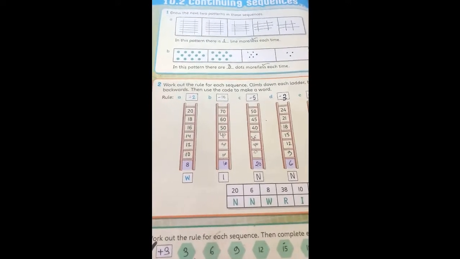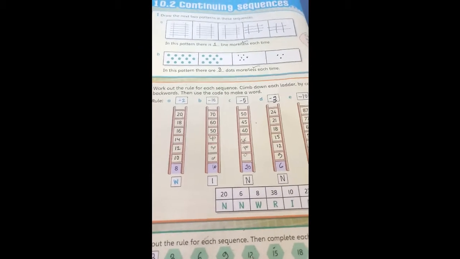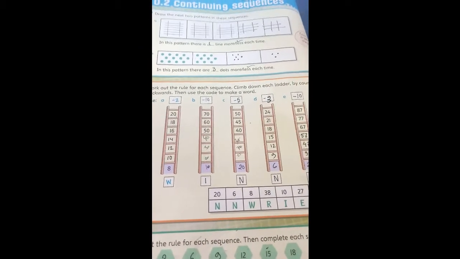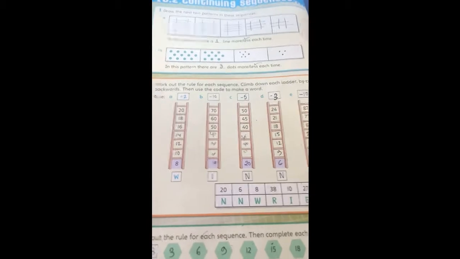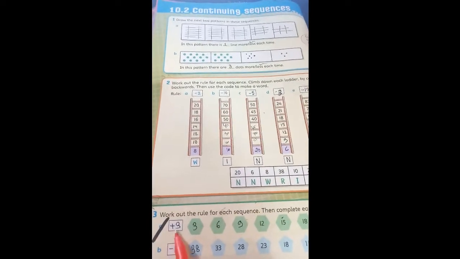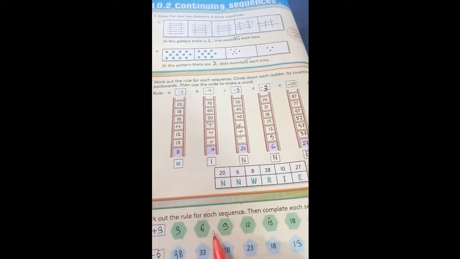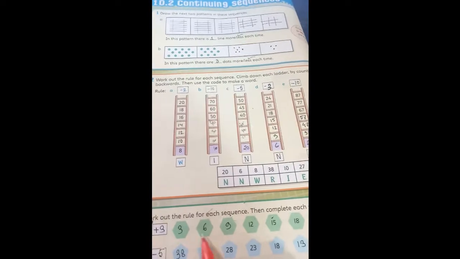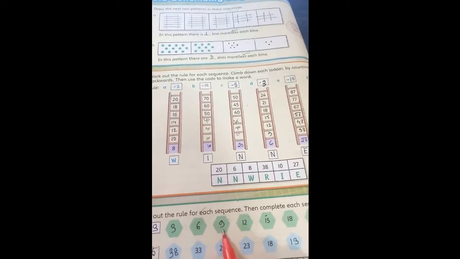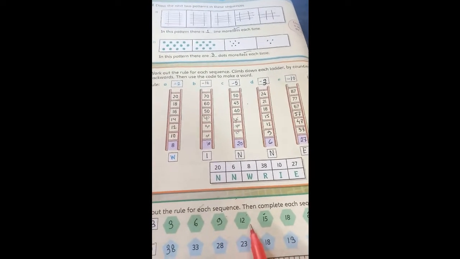Here is 3, 6, 9, 12, 15, 18, 21, 24. So we have to write here plus 3 because we add 3 all the time. 3 plus 3 is 6, 6 plus 3 is 9, 9 plus 3 is 12.